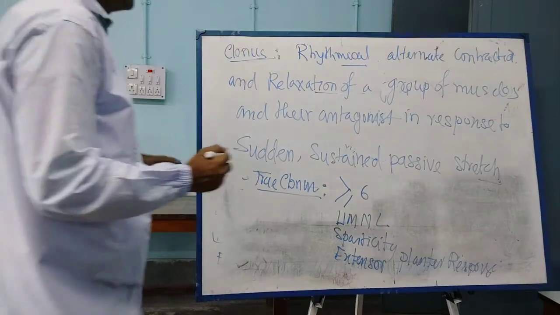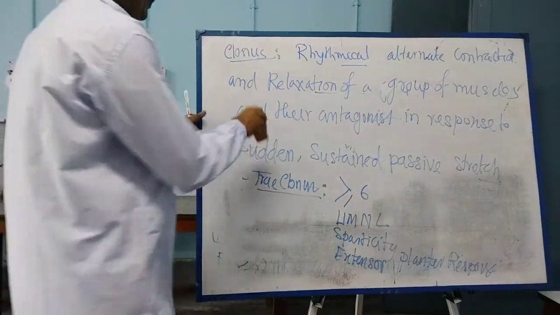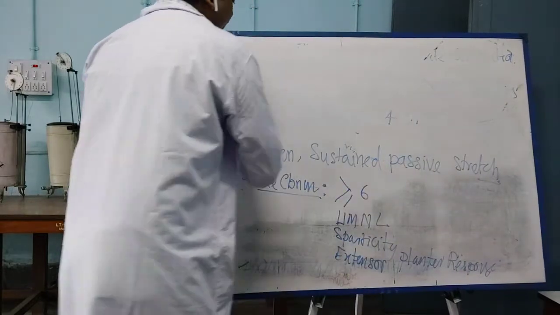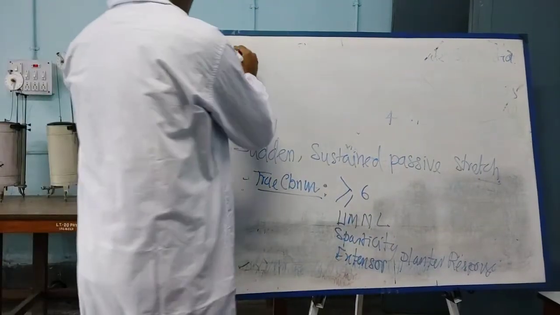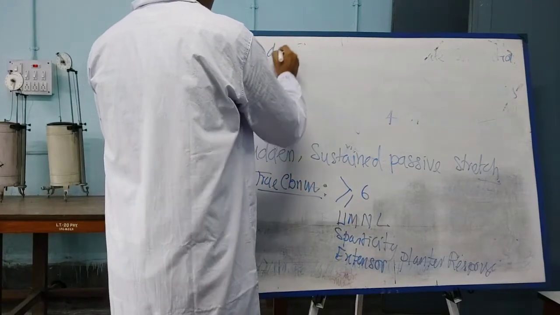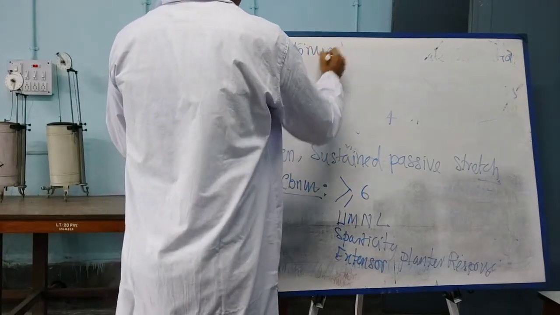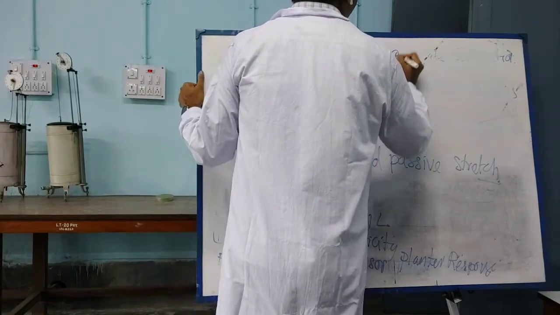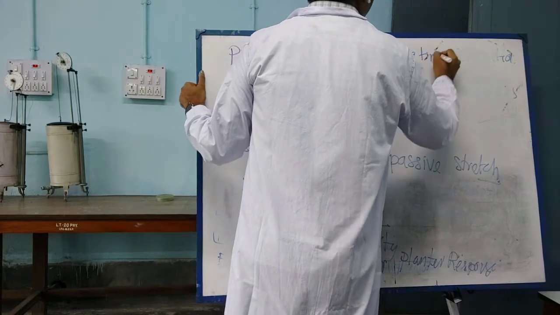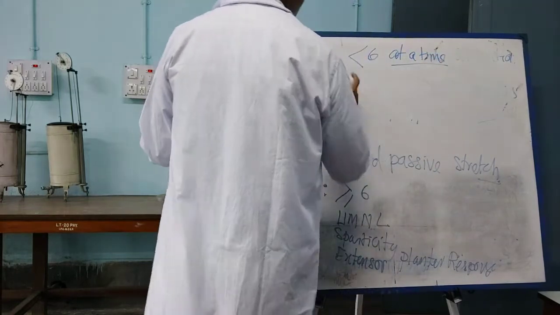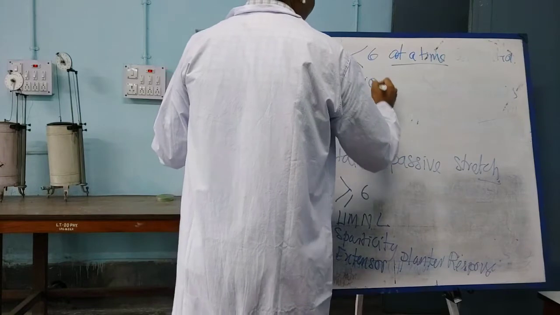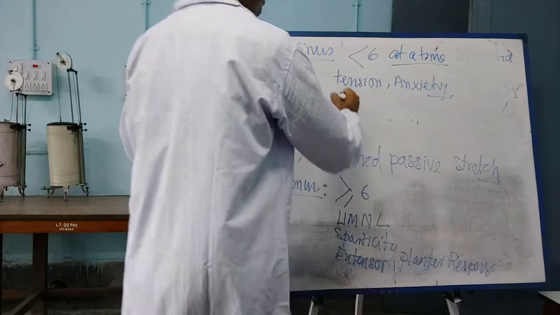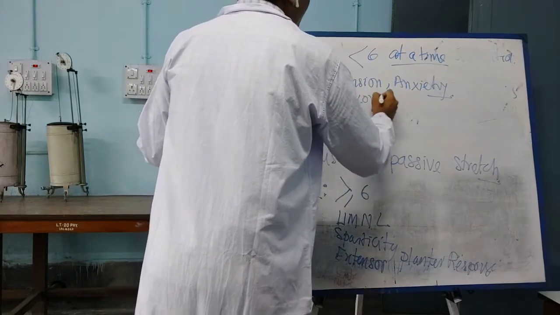And pseudoclonus is when the clonus occurs fewer than six times at a time; it is associated with tension, anxiety, and it is associated with the flexor plantar response.